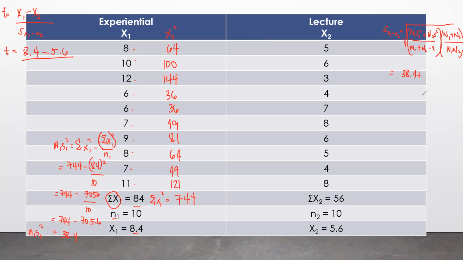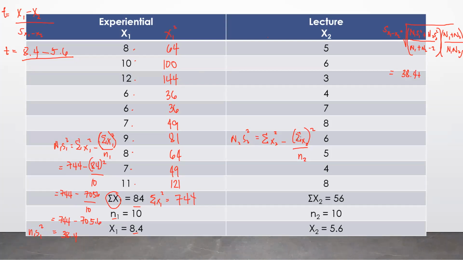So ang hahanapin natin ngayon is si N2 S2 squared. At ganun pa rin yung process natin for this. Si N2 S2 squared, class, ganun pa rin. This will be the summation of the x2 squared minus the summation of x2, sa labas ang square, divided by the N2.